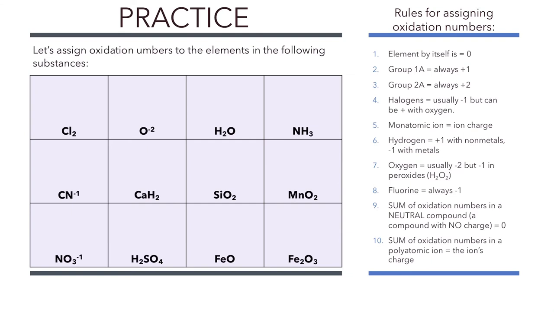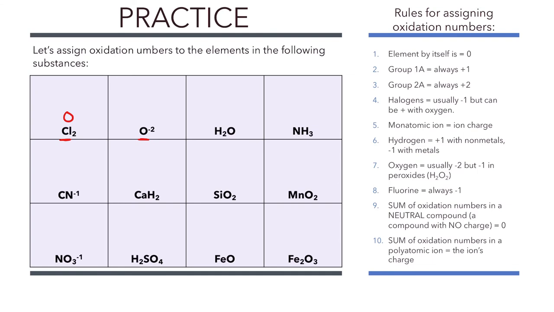I'm going to take a look at chlorine first, right here. This is Cl2. Remember, chlorine is a diatomic element. They exist paired up together in their pure state in nature. And this is chlorine in its elemental form, so it's going to have an oxidation state of 0. All right, so now let's take a look at this oxygen right here.